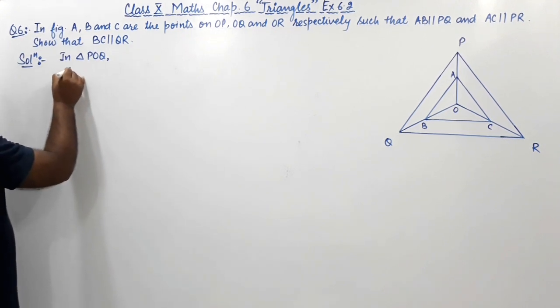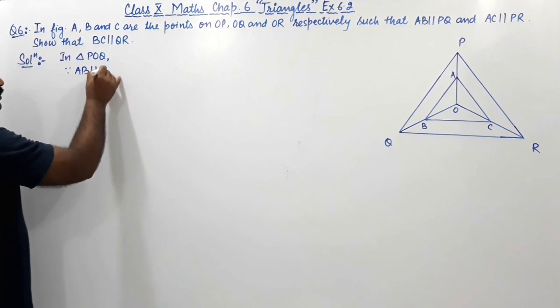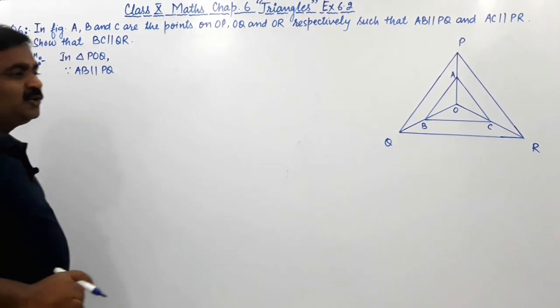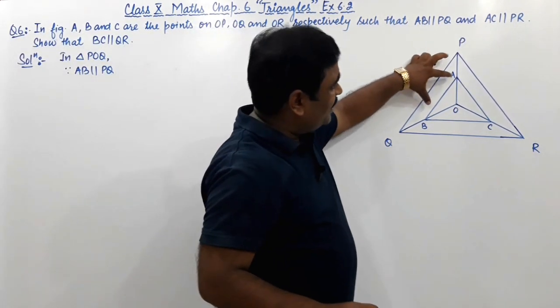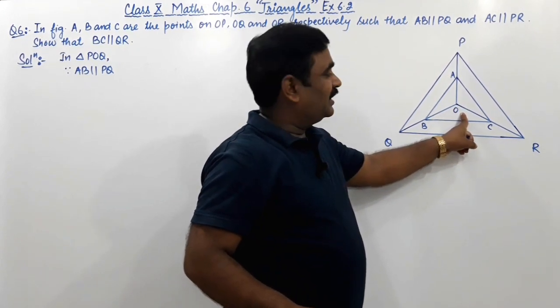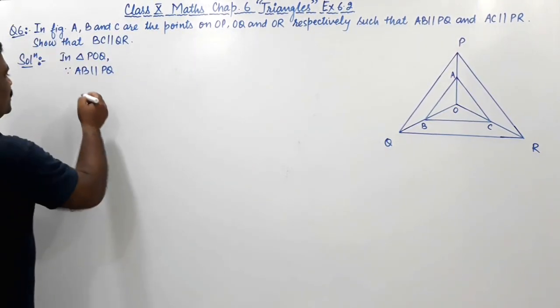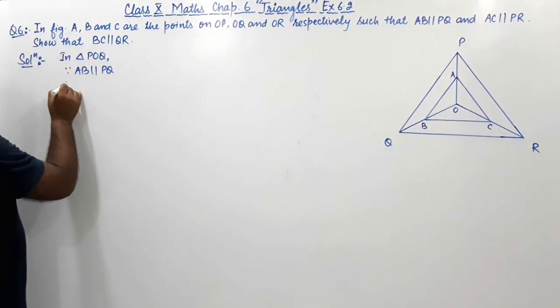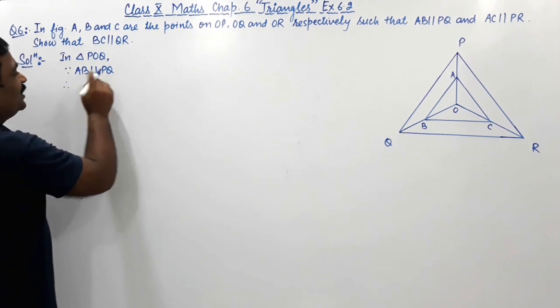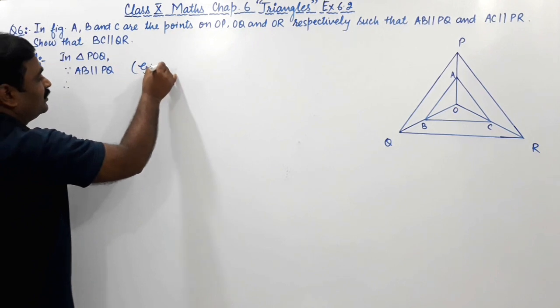Since AB is parallel to PQ, you just start with the point O. Therefore, OA upon AP is equal to OB upon BQ, because AB is parallel to PQ, which is given information in the question.